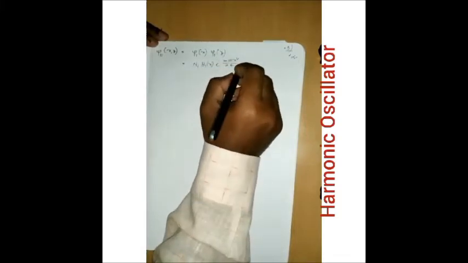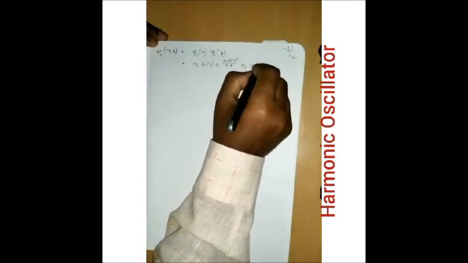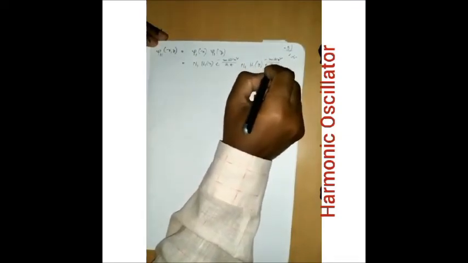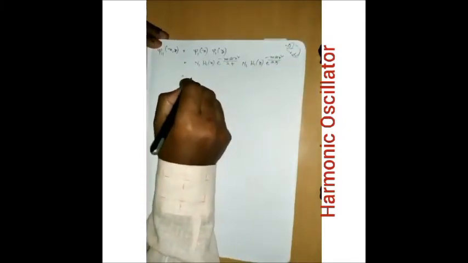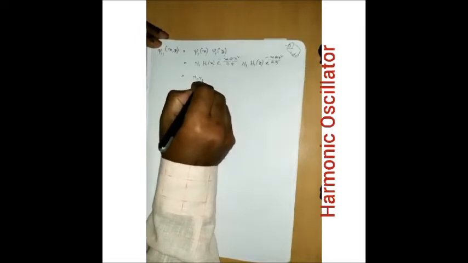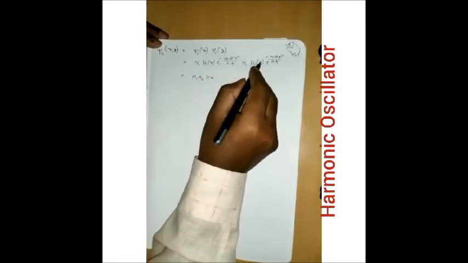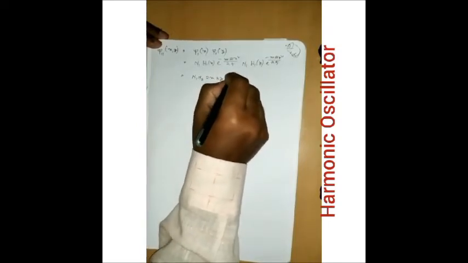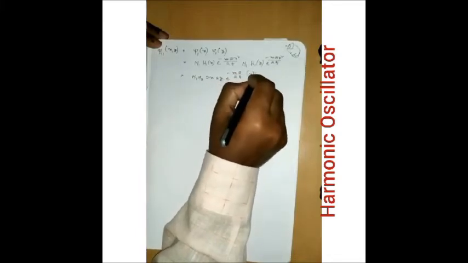For psi 1 y, again N1 H1 y e to the power minus m omega y square upon 2 h cut. Okay, so this N1 and N1 I am keeping the same, and H1 x equal to 2x, H1 y equal to 2y. So the other factors remain the same, m omega divided by 2 h cut times x square plus y square.